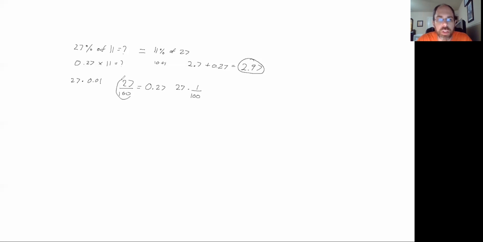Let's take a look at this and this right here, and we'll see that they're logically equivalent. Taking 27 divided by 100 would be the same thing as taking 27 times 1 divided by 100. 27 times 1 is 27, 1 times 100 is 100, and it still ends up with this fraction right here.